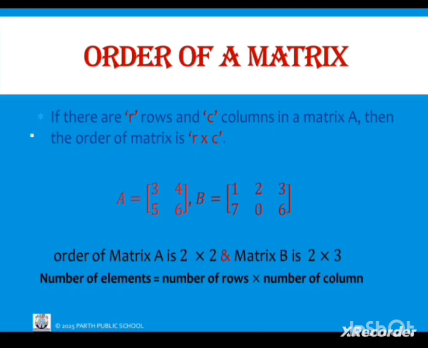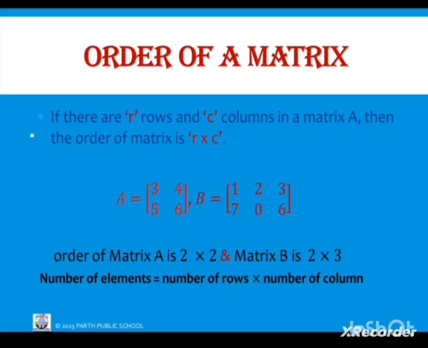You can see on the screen there is a matrix A and a matrix B. The order of matrix A is 2 into 2 because there are 2 horizontal lines and 2 vertical lines. But in matrix B there are 3 vertical lines. 3 vertical lines mean 3 columns and 2 horizontal lines mean 2 rows. The order will be 2 into 3.